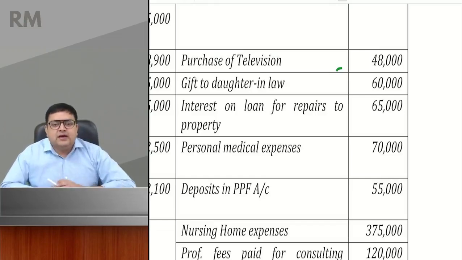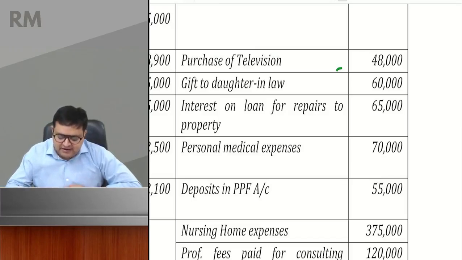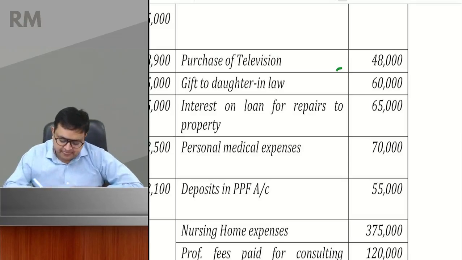But in case it is for a business television, then we will allow depreciation on it. What is the rate of depreciation on television? Plant and machinery 15%. But if it is for personal nature, then we will not allow it. If it is for personal, nothing should be done. If it is for business, depreciation should be done.